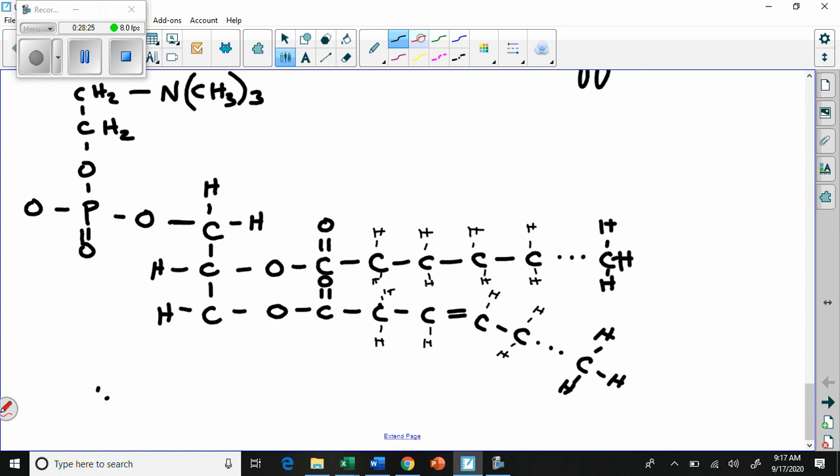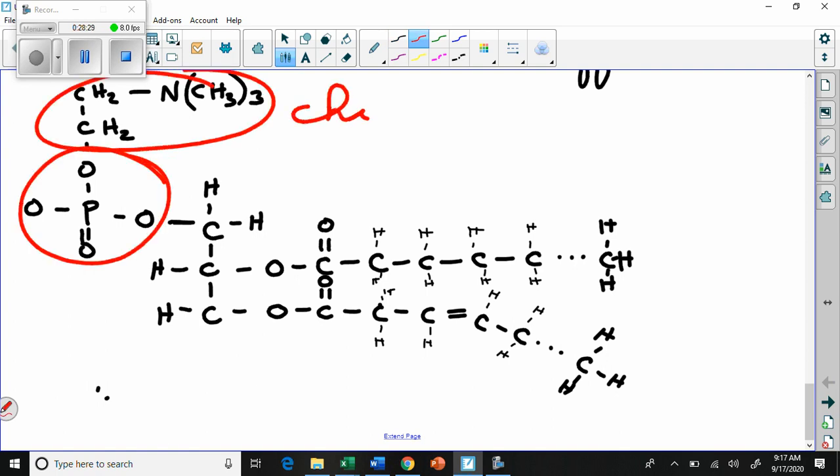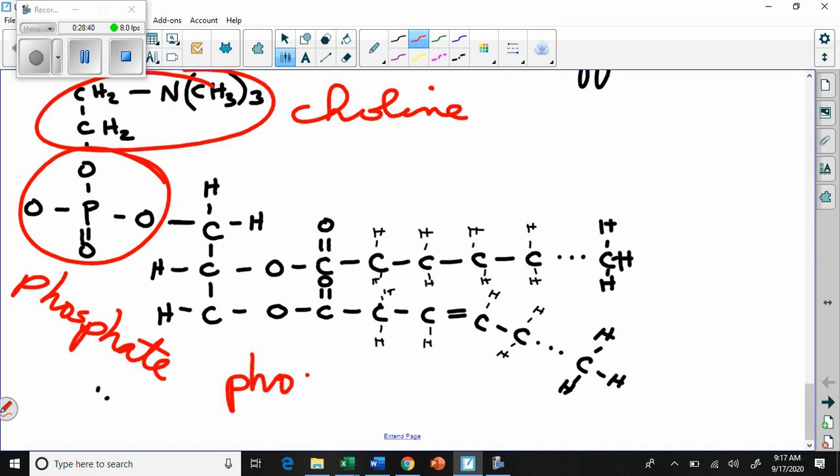So what we've done is we've added this phosphate group and this choline. I'll write that down for you in case you're interested. Choline, and we've added the phosphate up here. This molecule is called a phospholipid, because it has the phosphate attached, which changes its chemistry a little bit as well.